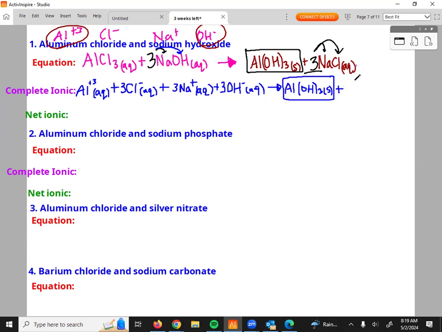So what's next? How many sodium atoms do we have on the right? 3. And then how many chlorine atoms? 3.